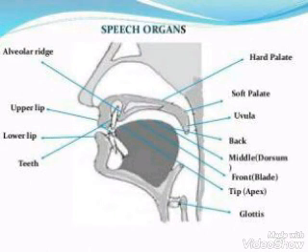Function as a vowel forming sound. If the lips are rounded, there will be a vowel U. If the lips are semi-round, there is a vowel O. If the lips are neutral, then there will be a vowel A.